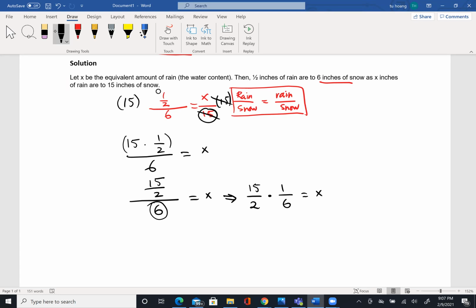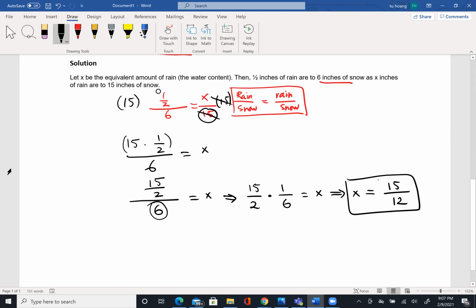So now you can have x equal to 15 times 1 is 15, and 2 times 6 equal to 12. This is going to be the answer. So 15 over 12 is going to be the answer. Okay.